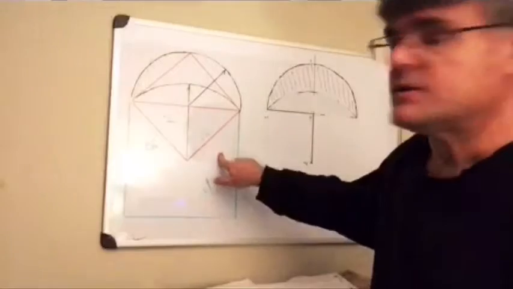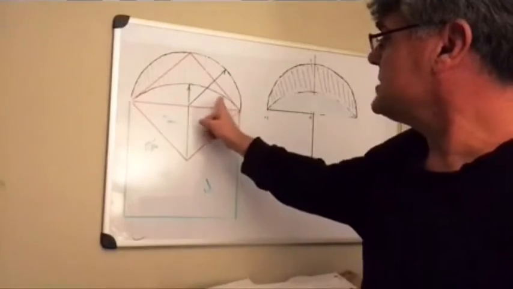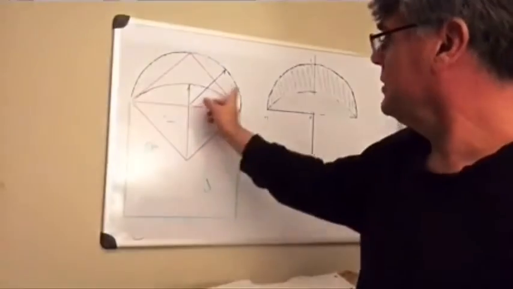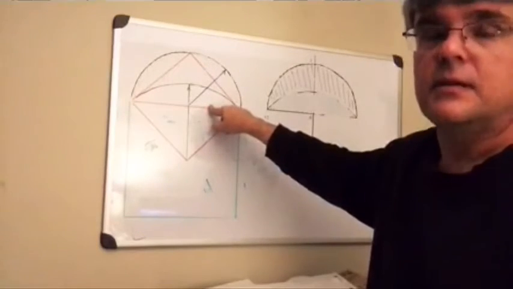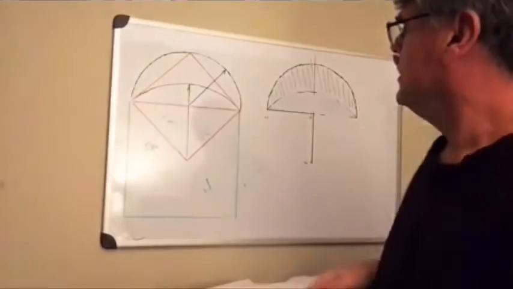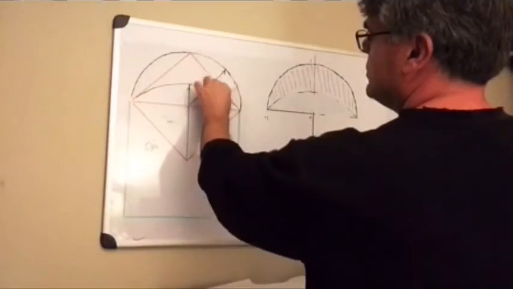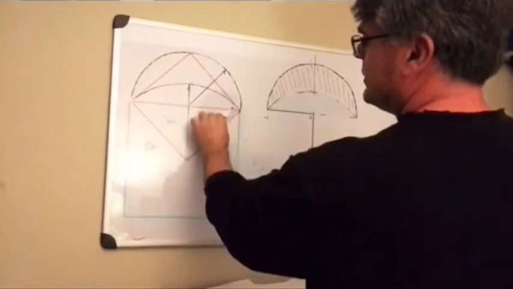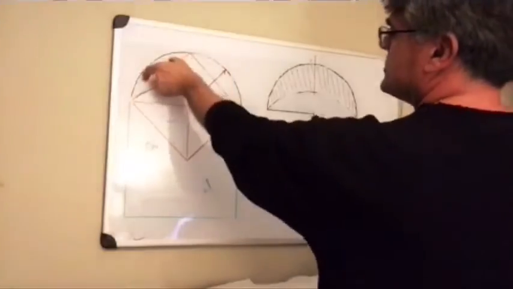This square is twice the size of this smaller square, which means that this arc, which is 1/4 of this square, is twice the area of this little arc, which is 1/4 of this smaller square, which is half the area. Law of proportionality. What does that mean? That means that the area in this little arc right here is half the area of this arc right here. That means I can fit 2 of these little arcs into this one.